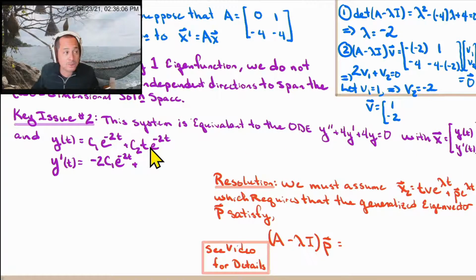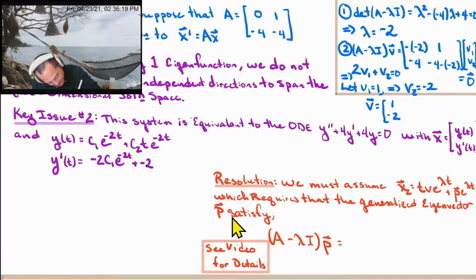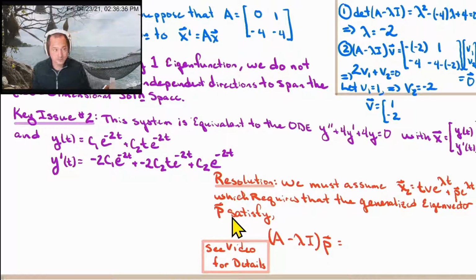Because of the t multiplier, because of the repeated root, I picked up an extra t multiplier and I have to use the product rule. So I'm going to take the derivative of the exponential to get negative 2c2 t e to the negative 2t and leave the t alone. But now I'll take the derivative of the t and leave the e alone. And so I'll get c2 e to the negative 2t.